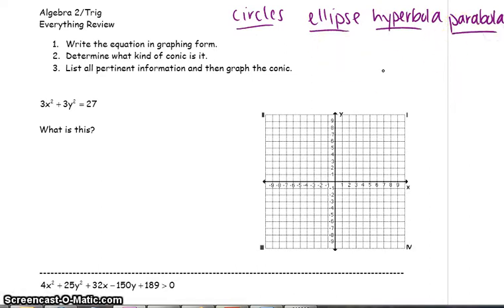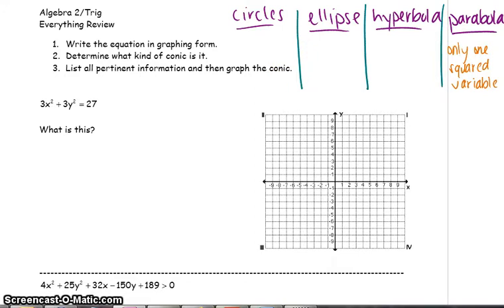The easiest one to figure out if you're looking at the equation is parabola, because it only has one squared variable. So right away, if you see that, you know that is going to be a parabola.